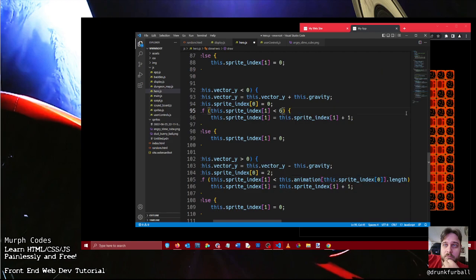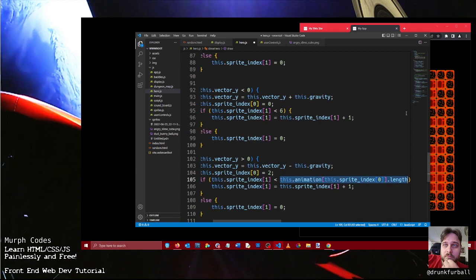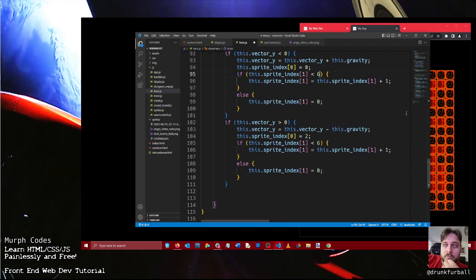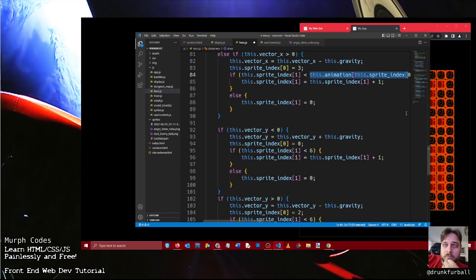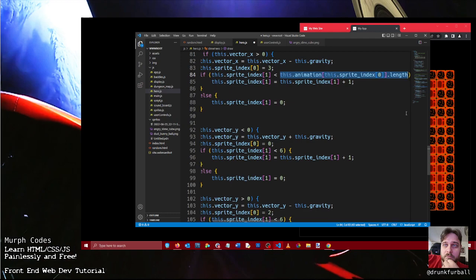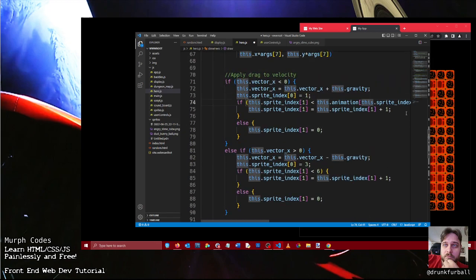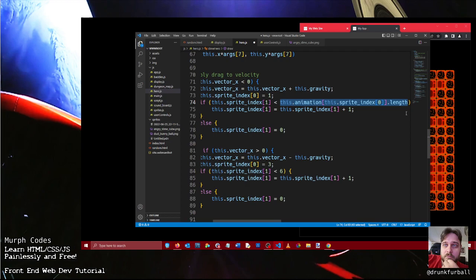Try just doing a hard 6. After all, that is what we're getting at here, because we've only got 6 cells to an animation currently.